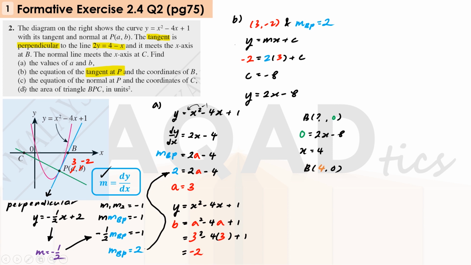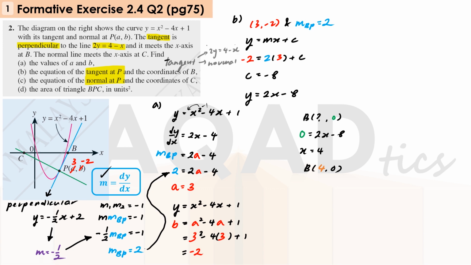The next question is almost the same as part B. Now we need to find the normal equation and the coordinates of C. So we need the gradient and the point. We already have the point, which is P. For the gradient, it's quite simple, because we know the normal is perpendicular to the tangent, and this line is also perpendicular to the tangent.